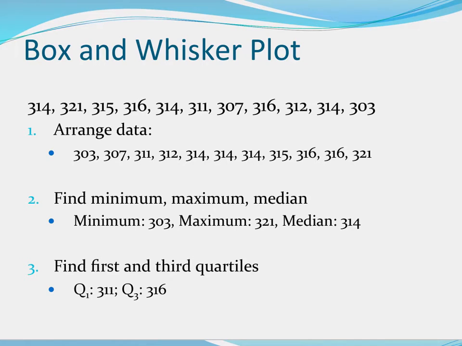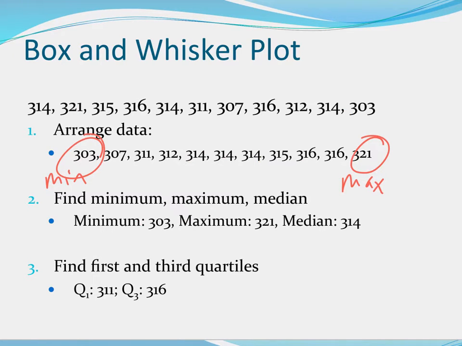So here we have the actual steps. You have a set of raw data. You put them in order, smallest to biggest, and if there's more than one of a number, you list it anyway. Find the minimum, in this case right here, 303. Find the biggest number, that's the maximum. Find the median.